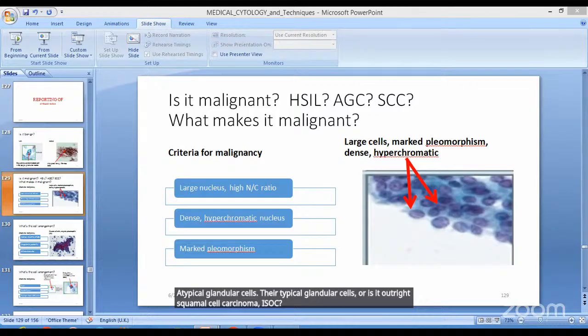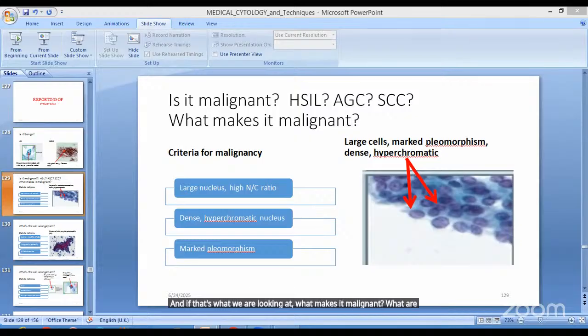And if that's what we are looking at, what makes it malignant? What are the features? I'm going to walk you through some basic criteria for malignancy, so you'll be able to make a final decision on the malignancy and the type of malignant cells you are seeing.